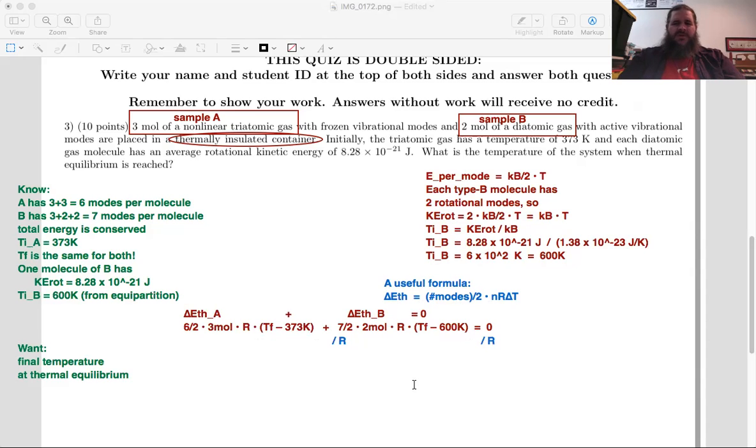Any numbers or units of measurement? Yeah, there's a moles in every term in terms of the units of measurement.